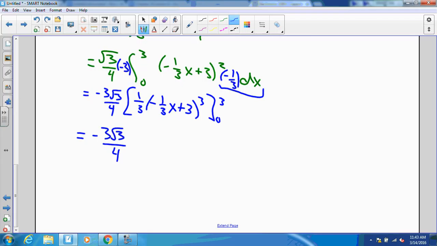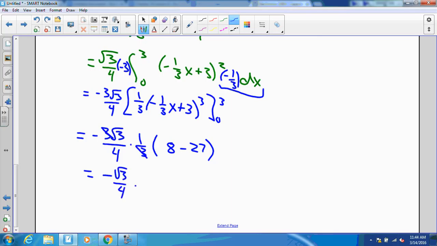And this gives us times 1/3 times, let's see here, that's going to give us negative 1/3 times 3 plus 3, which is 2. 2 cubed is 8, minus 3 cubed is 27. And the 3's cancel here.